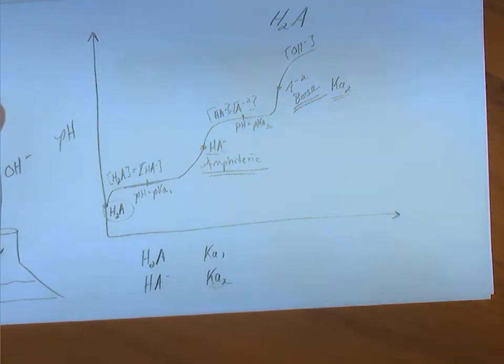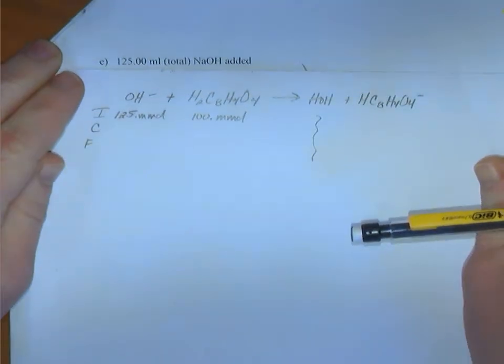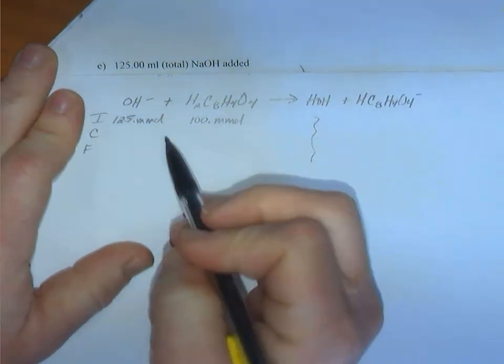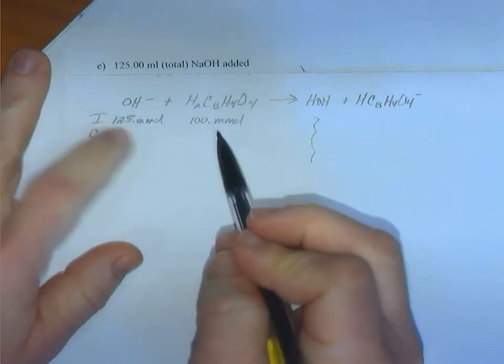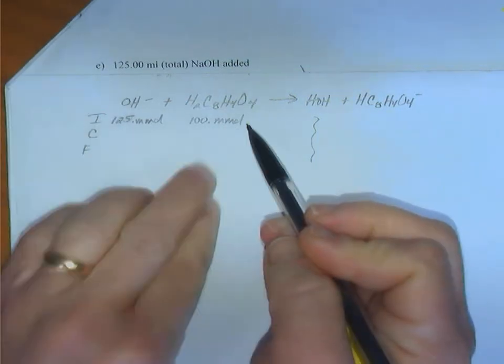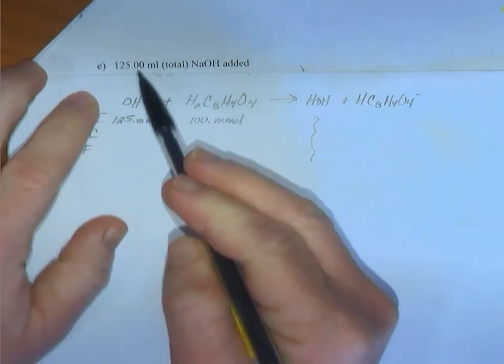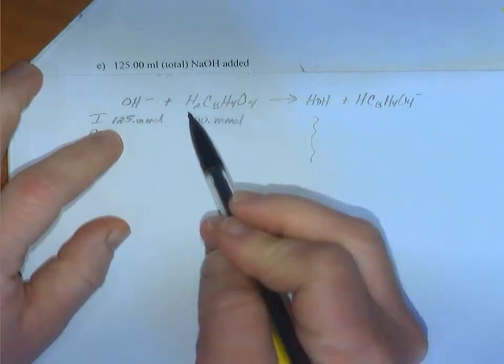All right, so let's dive into our calculations. So, we are picking back up where we are at, 125 total mL of the hydroxide. Okay, so if we're always referring back to the original acid, we started with 100 millimoles of that, and at this point, we're beyond the equivalence point of this.